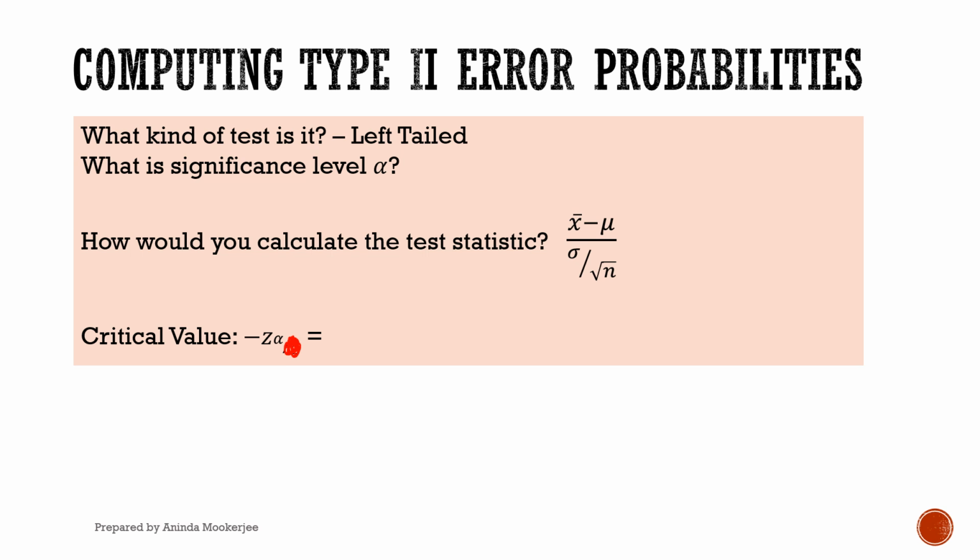I'm not able to go back and change it because I've already recorded over it, and I don't want to erase the entire recording just because of that. But just know that for a left tail test and a right tail test, this would be just z of alpha and not z of alpha by 2. For a two tail test, you would have to find z of alpha by 2, correct?